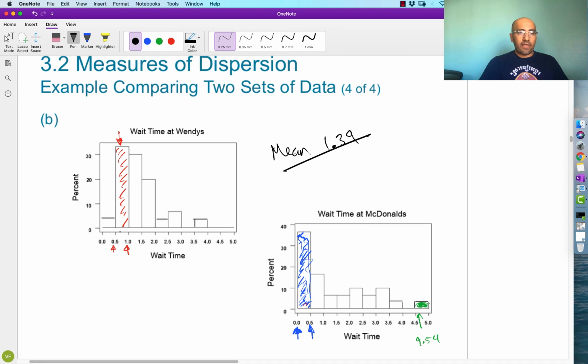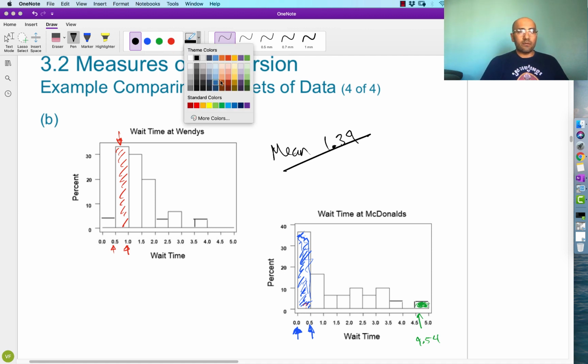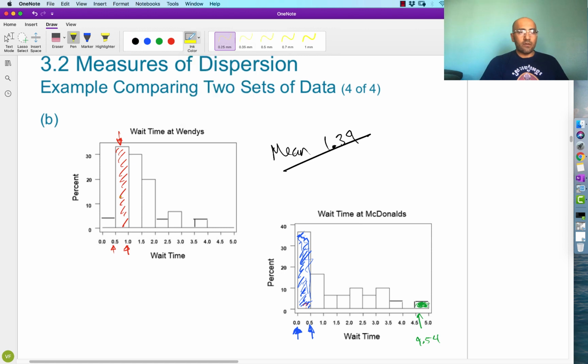There's a lot of values between half a minute up to, say, 2 minutes. Between half a minute and 2 minutes, these, let's put them in yellow. These 3 rectangles right here really dominate the results. There's a lot of values that lie between half a minute all the way up to 2 minutes, right? So they're more clumped up together around those values.